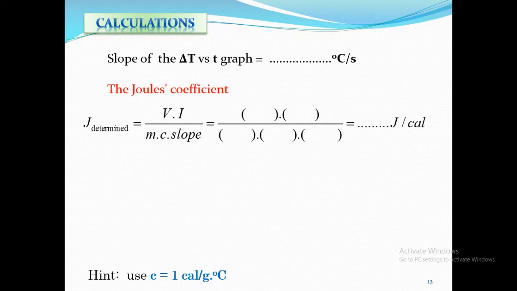The slope we got is 0.0159. And you have voltage, current, M, C, and the slope. So please calculate Joule's coefficient, the Joule constant, and take 5 minutes and complete it, please.